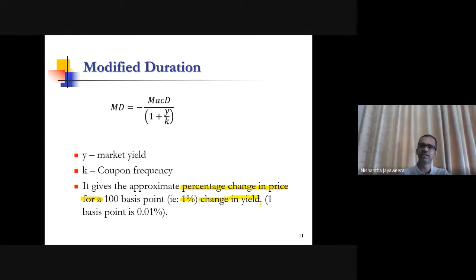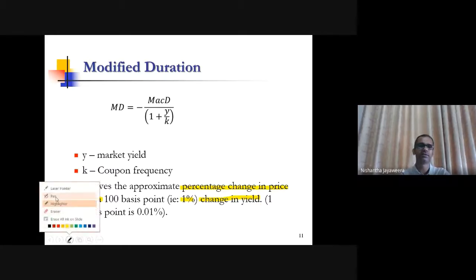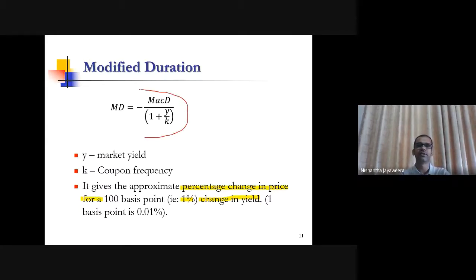If the yield changed by 1%, what is the expected percentage change in price? That is measured by modified duration. Is it clear? So I think now you are okay with this.